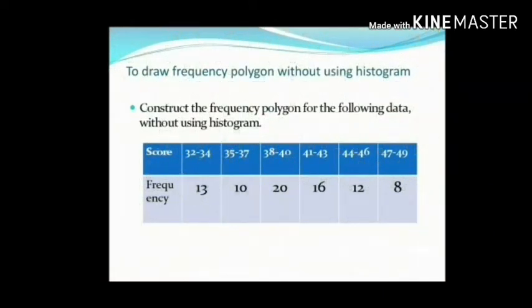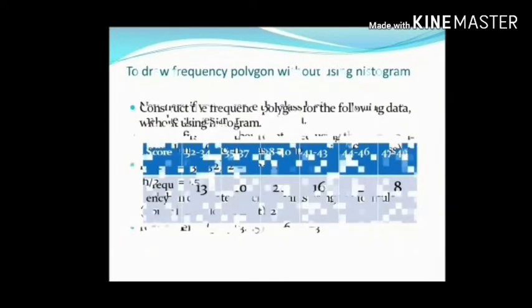For that, we will use the formula: lower limit of second class minus the upper limit of first class, divided by 2. So here h will be equal to (35 minus 34) divided by 2, that is 0.5. This value we will subtract from the lower limit of the first interval, and then we will go on adding this value to the upper limit of each interval.